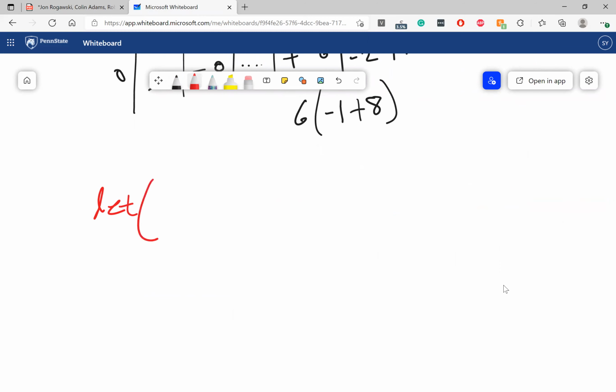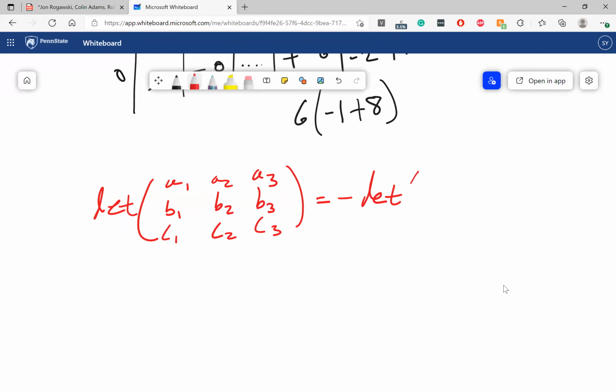The determinant of, let's say, the matrix A1, A2, A3, B1, B2, B3, C1, C2, C3 is equal to negative times the determinant of B1, B2, B3, A1, A2, A3, C1, C2, and C3. So if you flip the rows, you just get a negative. And so if you take the absolute value, they're the same. So it doesn't matter where this row appears. Any other questions?